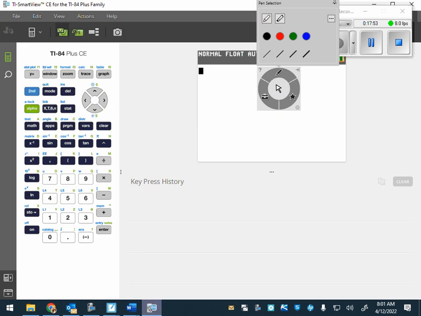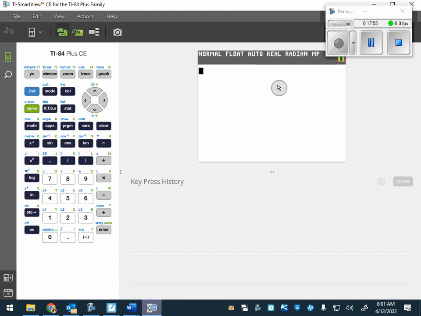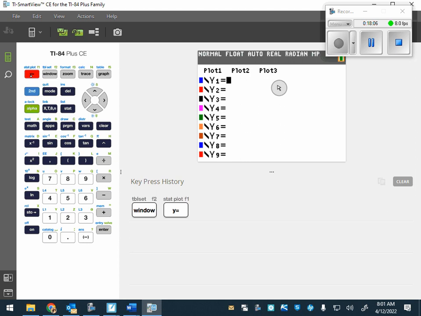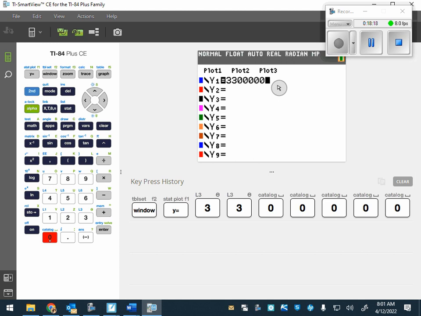So in your calculators, the hardest part is figuring out the window. That's it. Okay? So we go into Y equals. For Y1, you're going to enter in the left-hand side, which was 8.3 million. Okay.